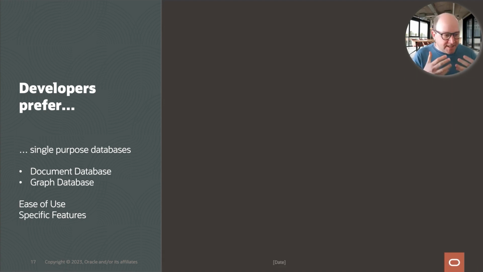They're very focused on ease of use for that backend, for that API, whatever it is, to make it simple to develop their applications. Oftentimes that leads to single purpose databases.